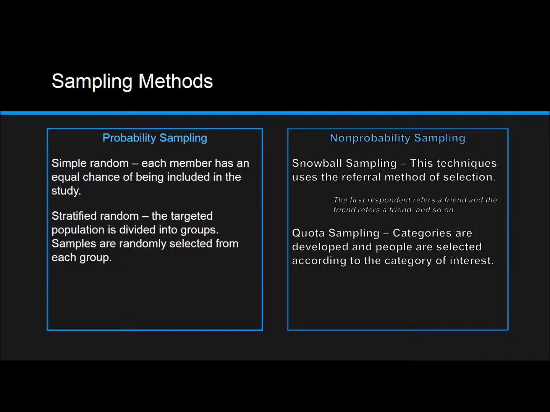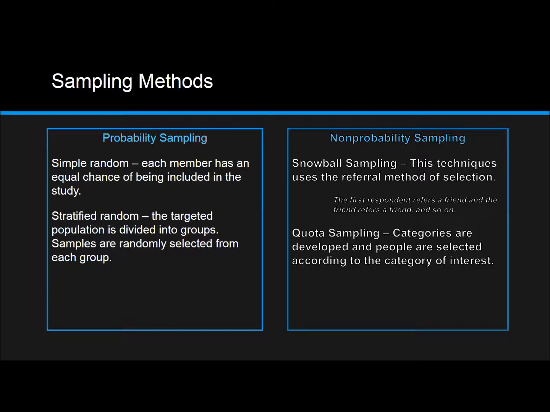Simple random sampling is, as we talked about earlier, where each member has an equal chance of being included in either the experimental group or the control group or any group in the study. Stratified random sampling is a little bit more technical than simple random sampling, whereas the targeted population is divided into groups. Then the samples are randomly selected from each group.